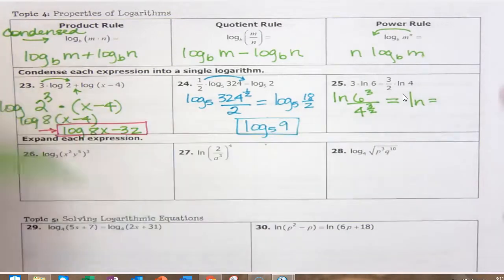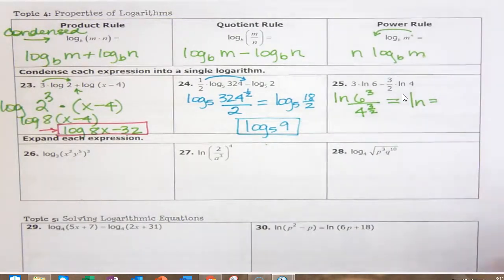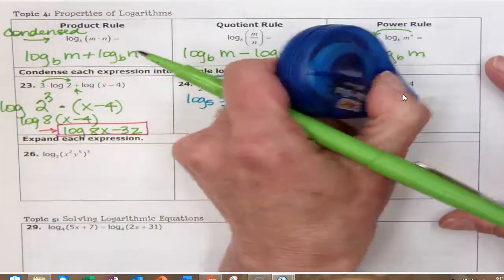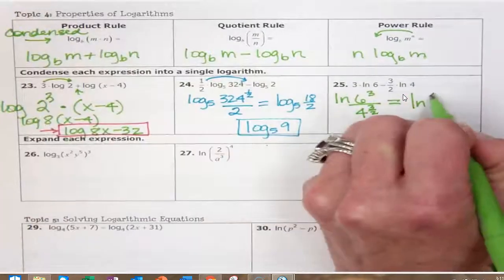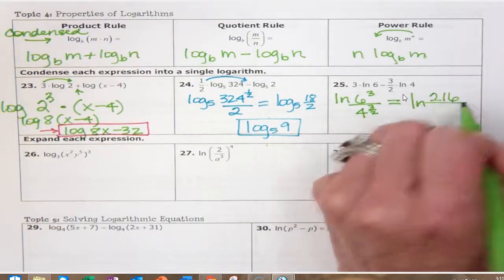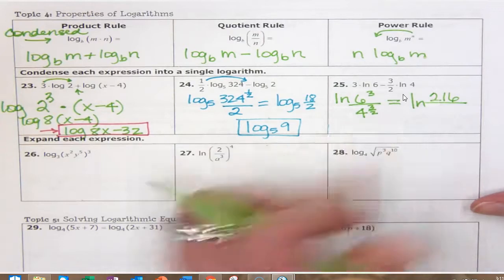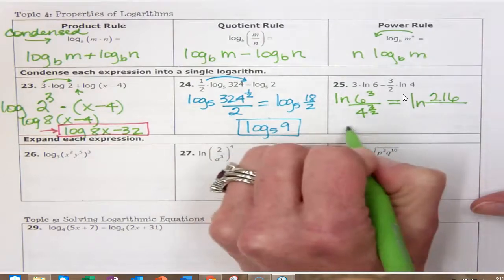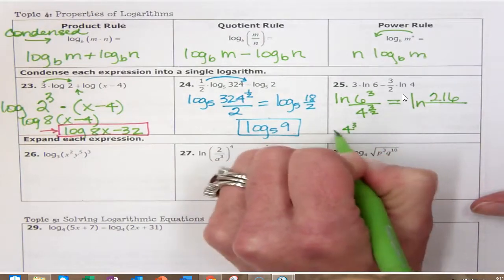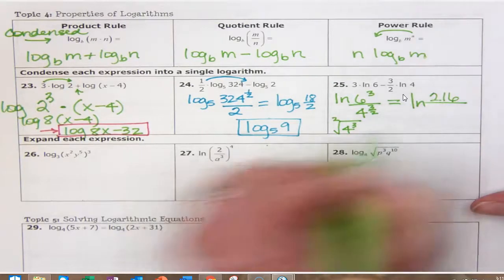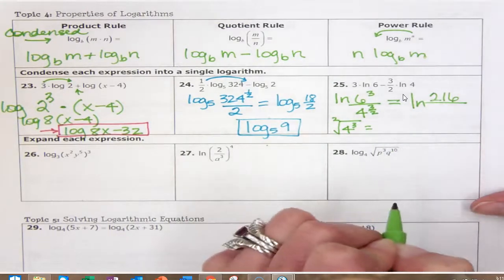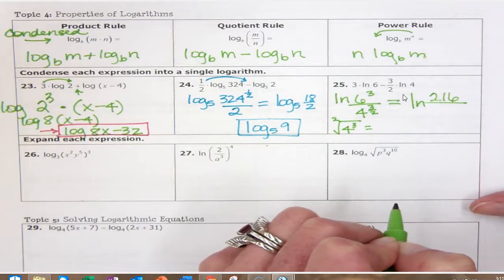Oh, dang it, I didn't mean to write that equal sign. ln 216 divided by, now keep in mind this is 4 to the 3rd power and the square root of that, right? 4 to the 3rd power is 64.